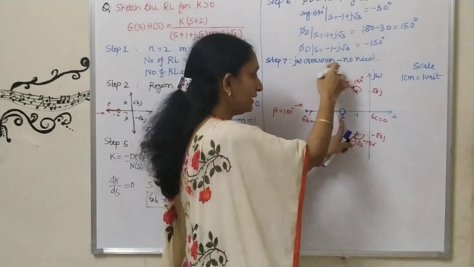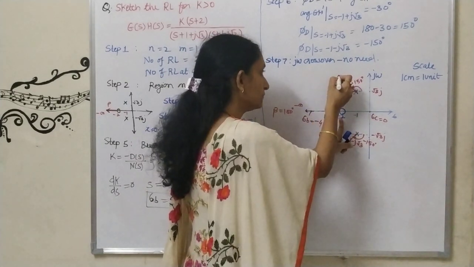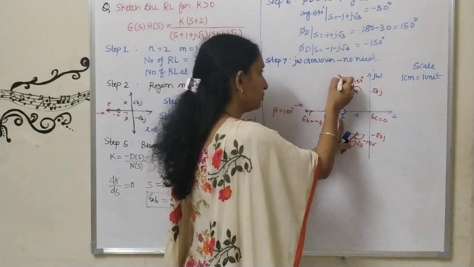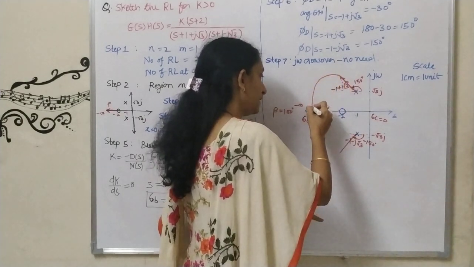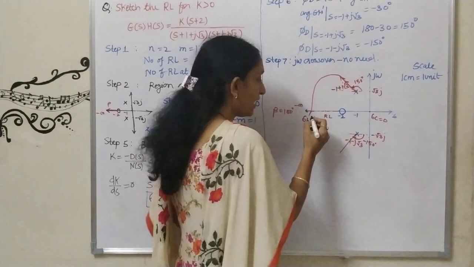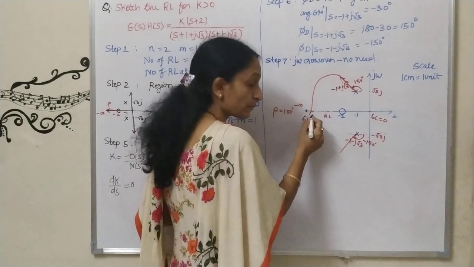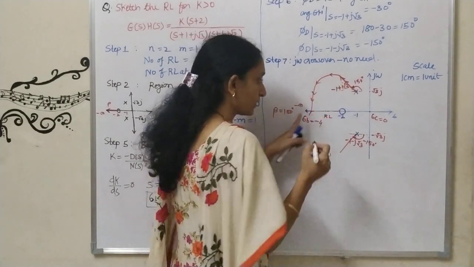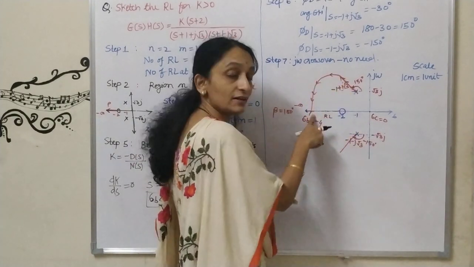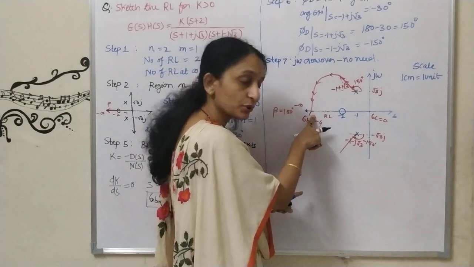Okay. So it needs to go down. So how will it go down, or how will it intersect the real axis? It will intersect the real axis at this break-in point. This is the break-in point. Okay. I am showing the arrow like this. Okay. So root locus is entering the real axis, that is the negative real axis.